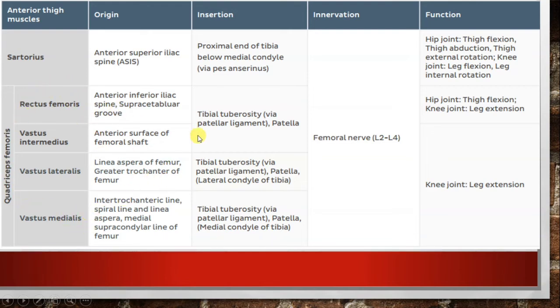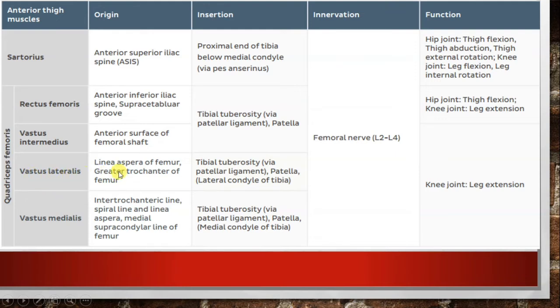They form a single tendon attached to the tibial tuberosity via the patellar ligament, so their insertion is very easy to remember. The innervation is the same, and the anterior muscles of the thigh have a function in thigh flexion at the hip joint, while knee extension at the knee joint.